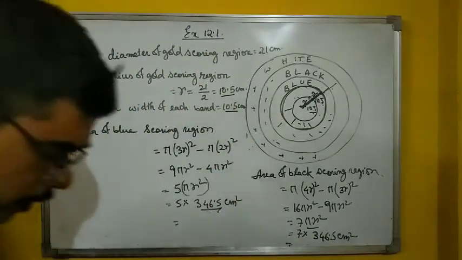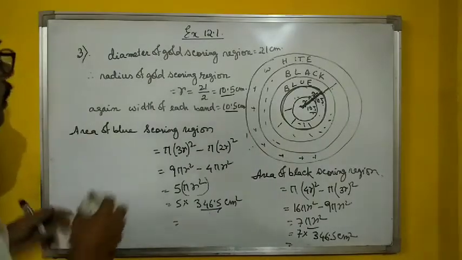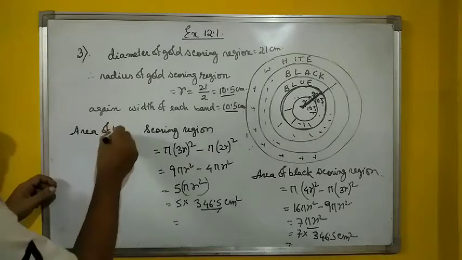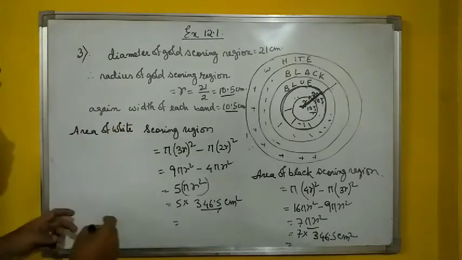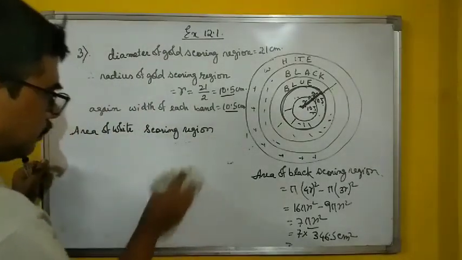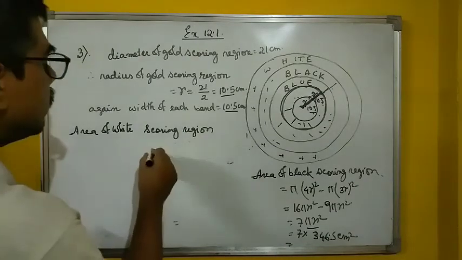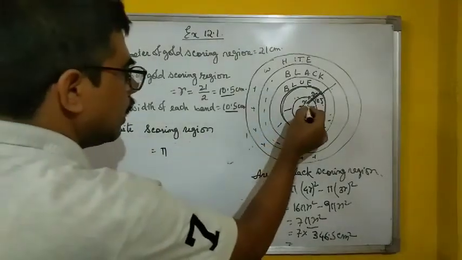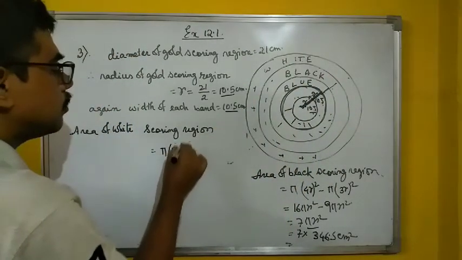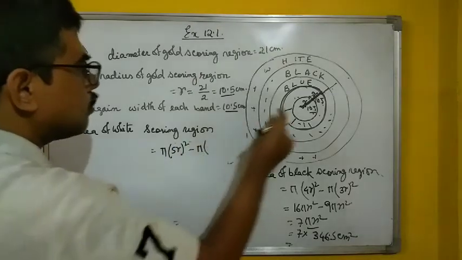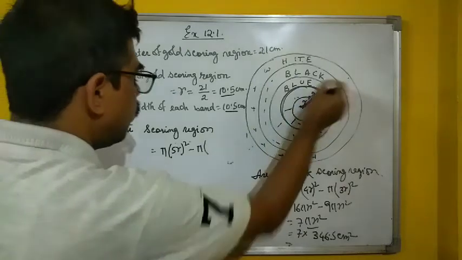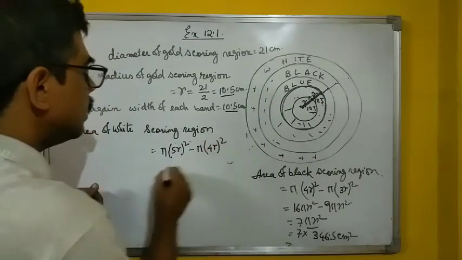Now the white scoring region, you have to find the area of the white scoring region. How many R's here? Pi, 1 R, 2 R, 3 R, 4 R, 5 R. So pi 5R square minus pi, up to the black we have to subtract, 1 R, 2 R, 3 R, 4 R, so 4R square.